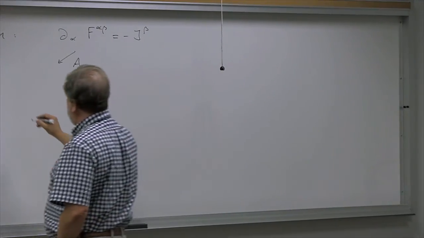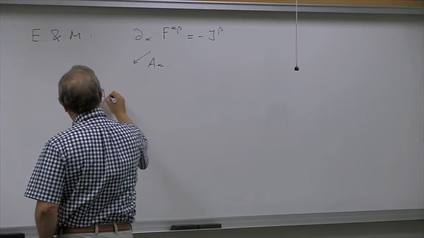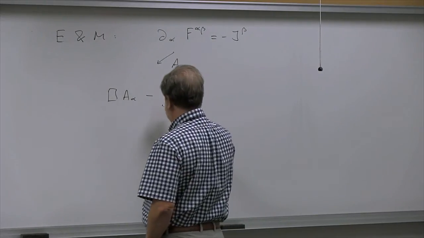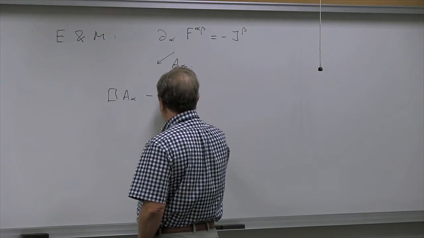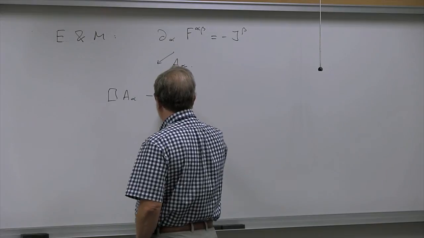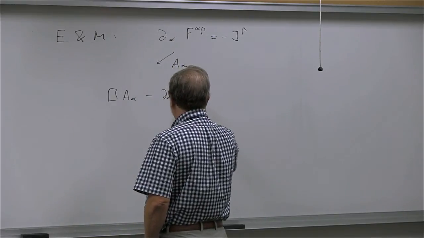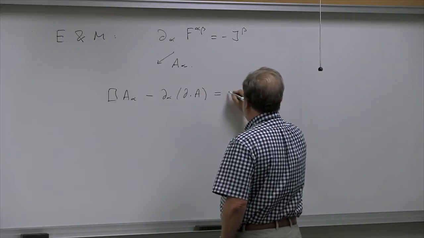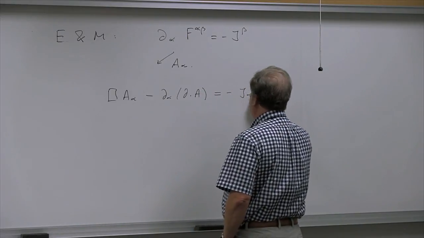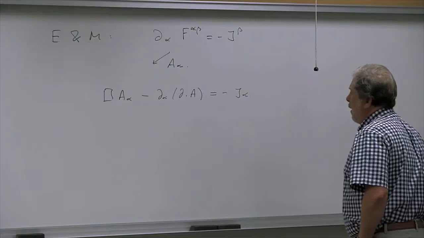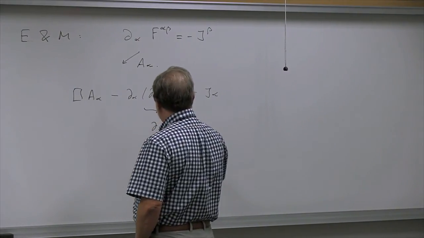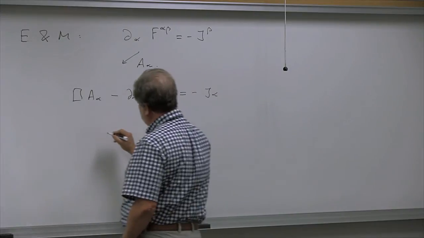We can write this as box of A_α, and there's an extra term which is ∂_α (∂·A), equal to, let's say, minus J_α in this case. And now we can use a gauge such that ∂·A is equal to 0.